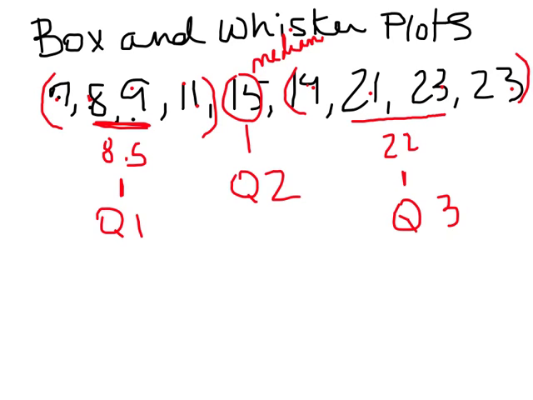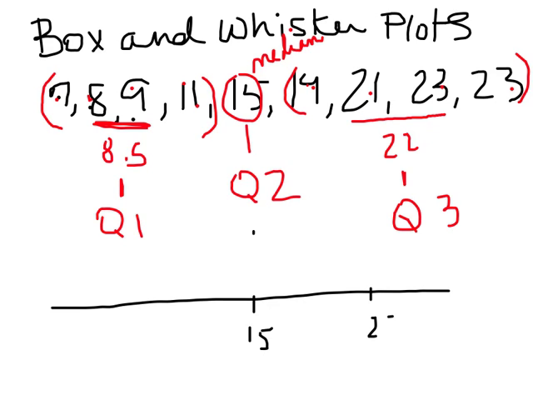On a box and whisker plot, I will work one all the way through for your book, but what you do is you make a box. Your Q2, your median, let's say I have 15 here, and I'm just going to put some numbers down.